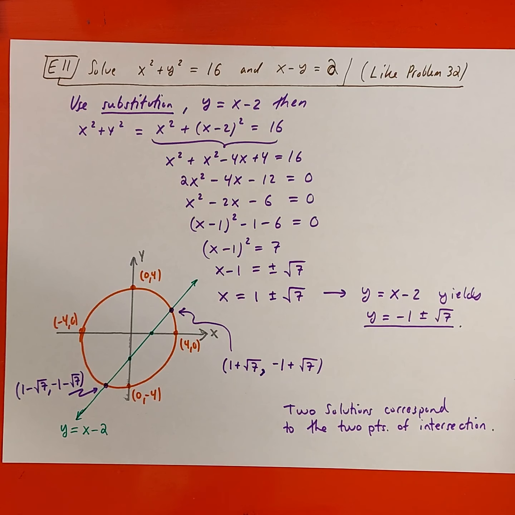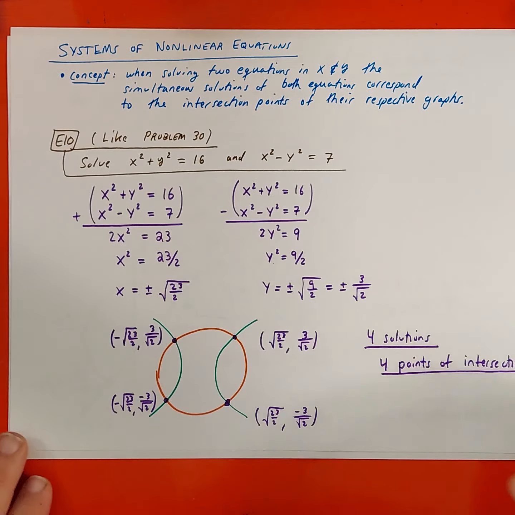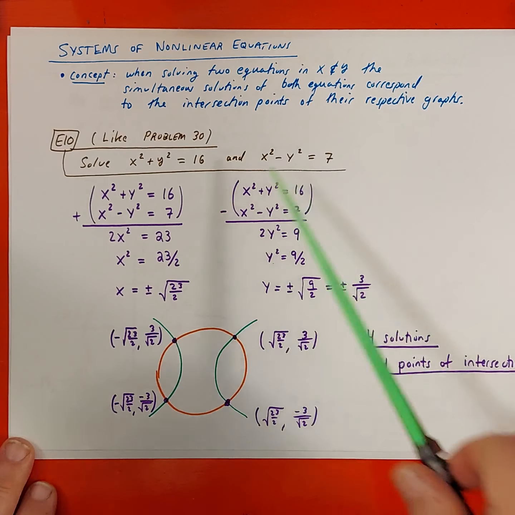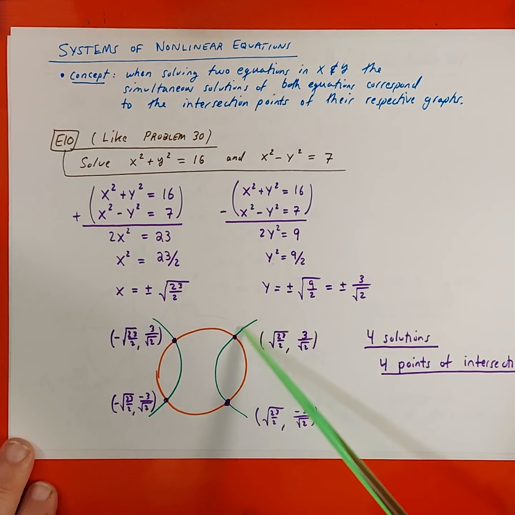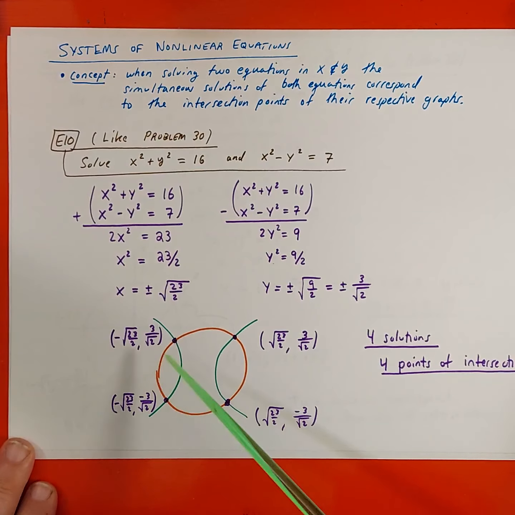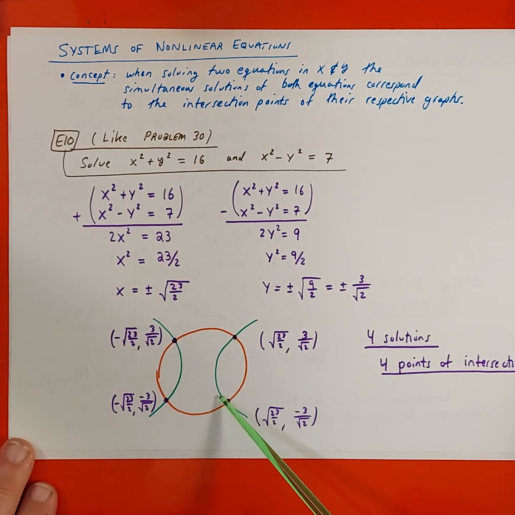And in contrast, if you want to think about that kind of game over here, what are the possibilities? Well, if you've got a hyperbola and a circle, it seems like you could get just two solutions if one branch cut through the circle but the other didn't. So you might get two solutions, you might get four solutions like we have.